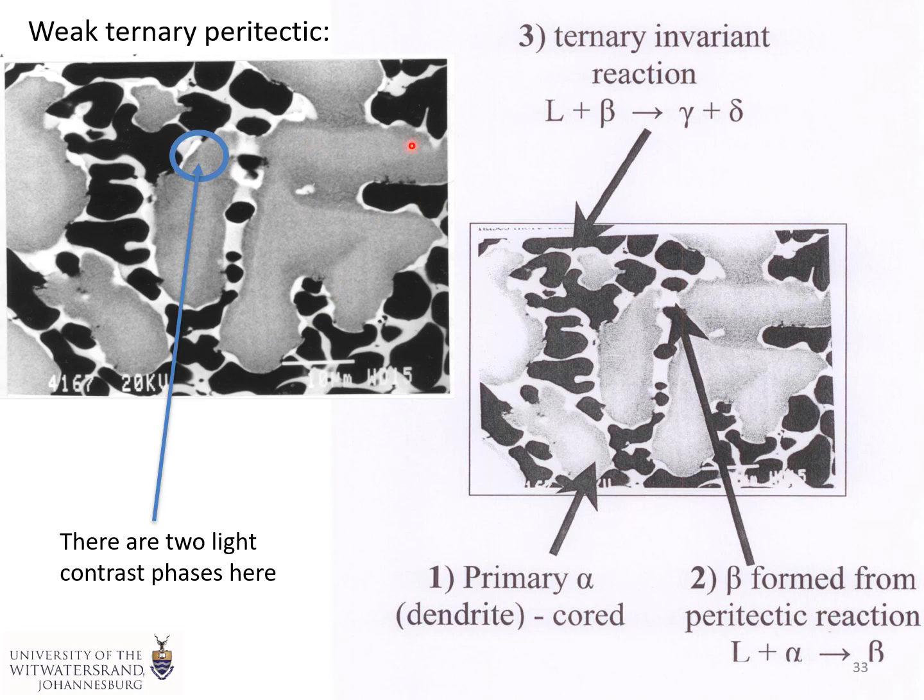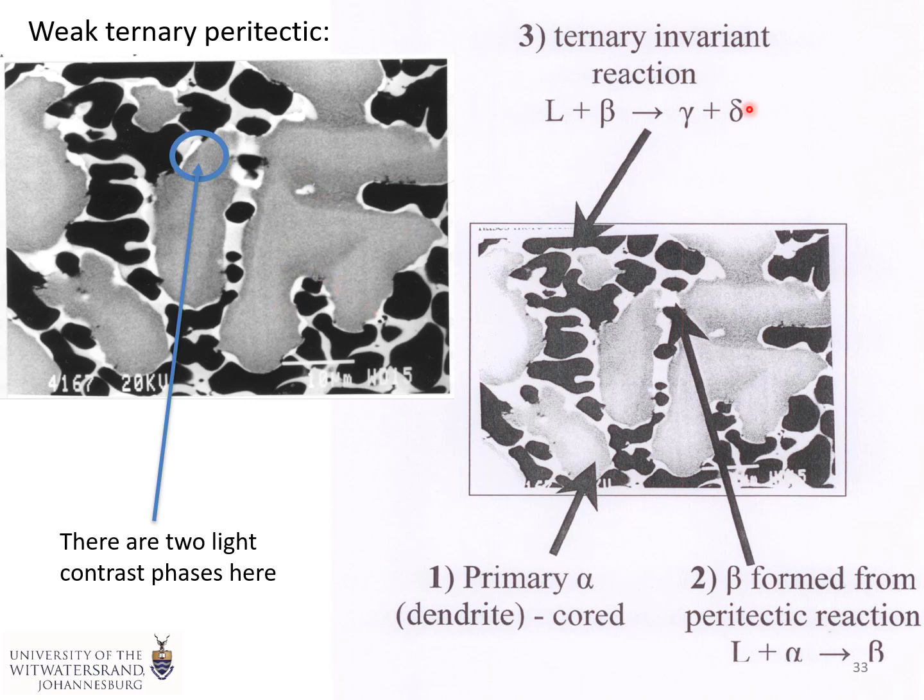It's got that periodic spacing. So we've got dendrites of that. And then it reacted to form this lighter phase. And then that lighter phase reacted with the liquid on more cooling to form the other light phase and the black. Okay, so that's what's going on there.